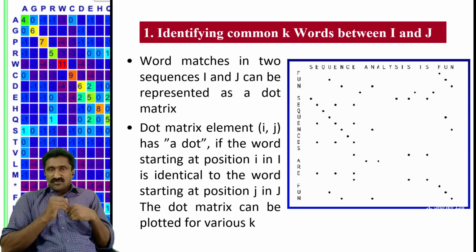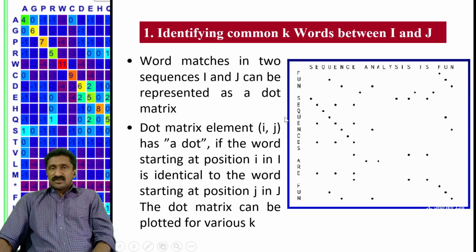Once the set of words is prepared, wherever the words match, you construct dots or diagonals. Since this word matches with this one, here you have a diagonal, and this sequence matches with this one, so that word will have a diagonal. This one is not matching, so you don't have a matching word there. And here you will have the same, that word will match, so you will have a diagonal.